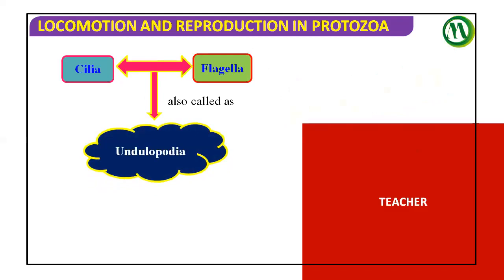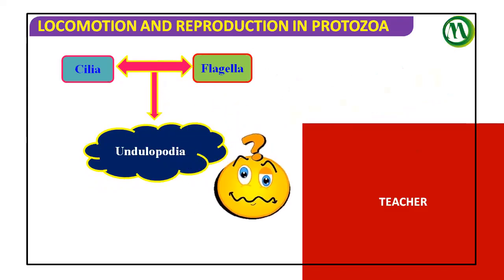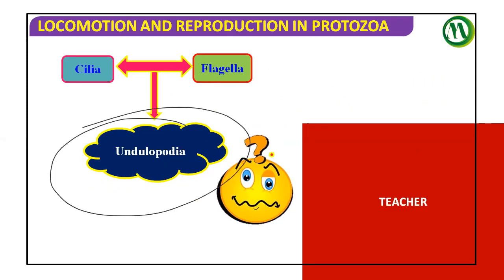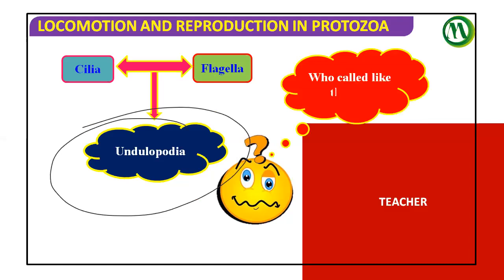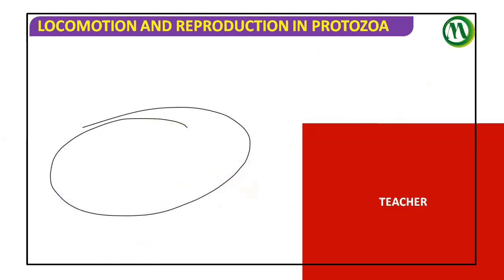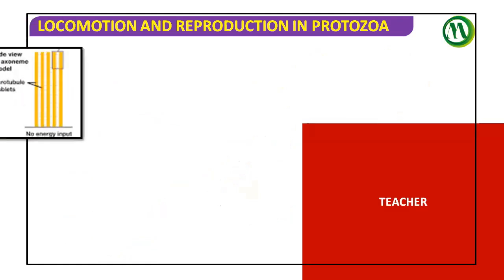According to L.H. Hyman, both flagella and cilia are called undulipodia.